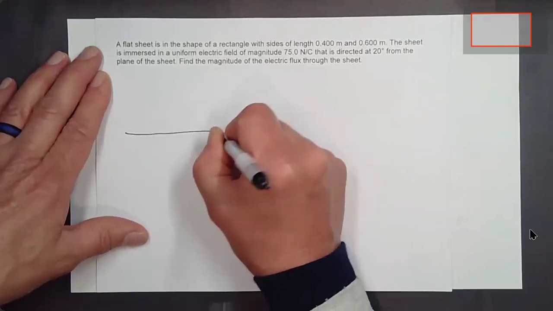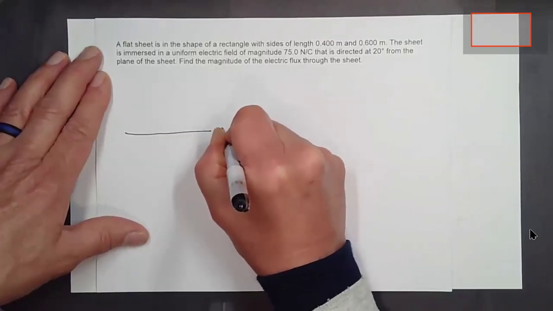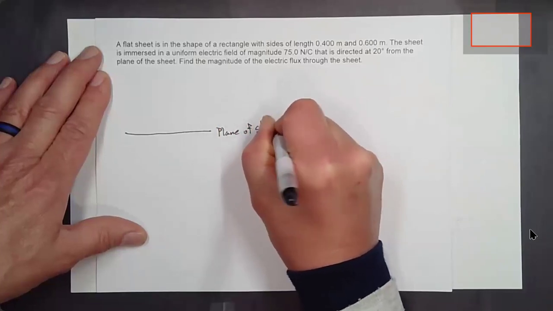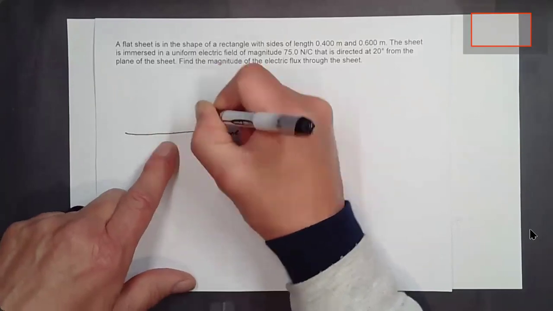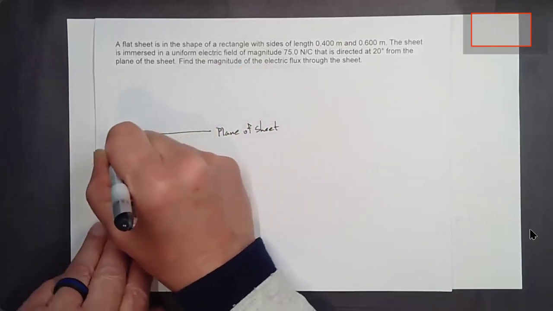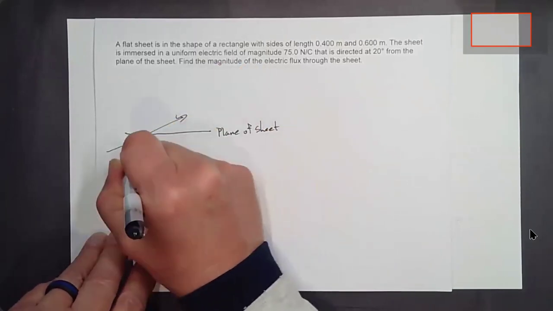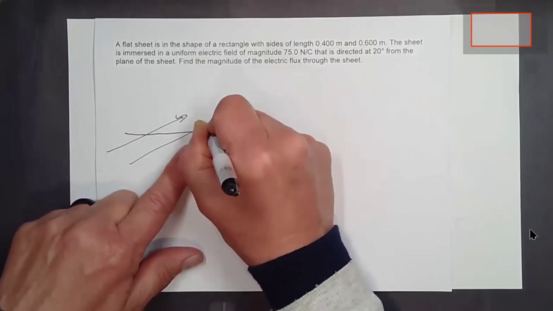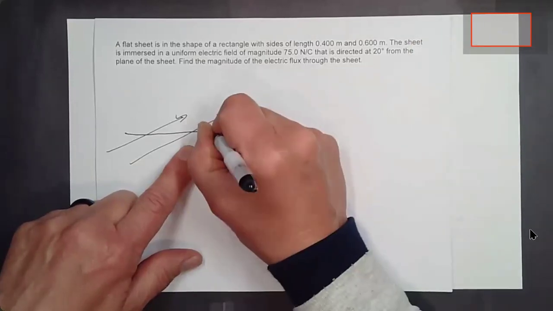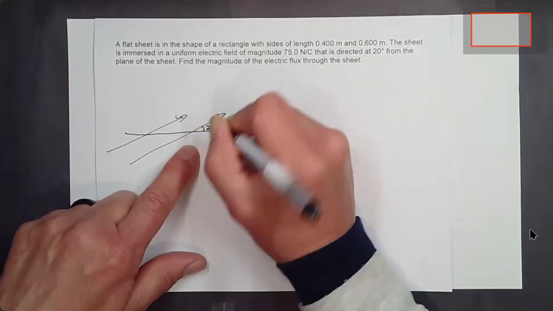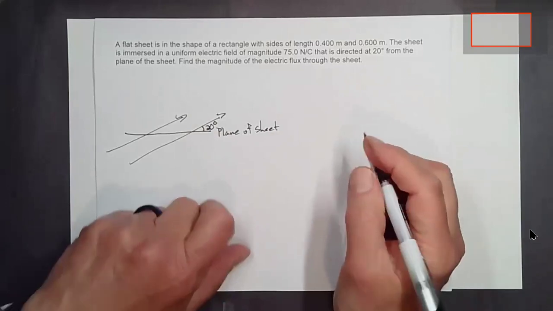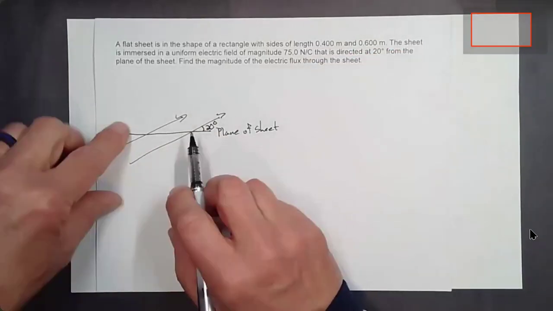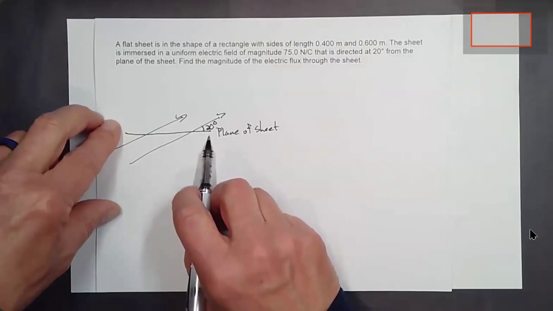If I say here's the plane of the sheet, and the electric field here is going to be in this direction, and it makes an angle of 20 degrees. Don't have a lot of significant figures on this one. And with the plane of the sheet, we want to know what the flux of the electric field is through that thing.